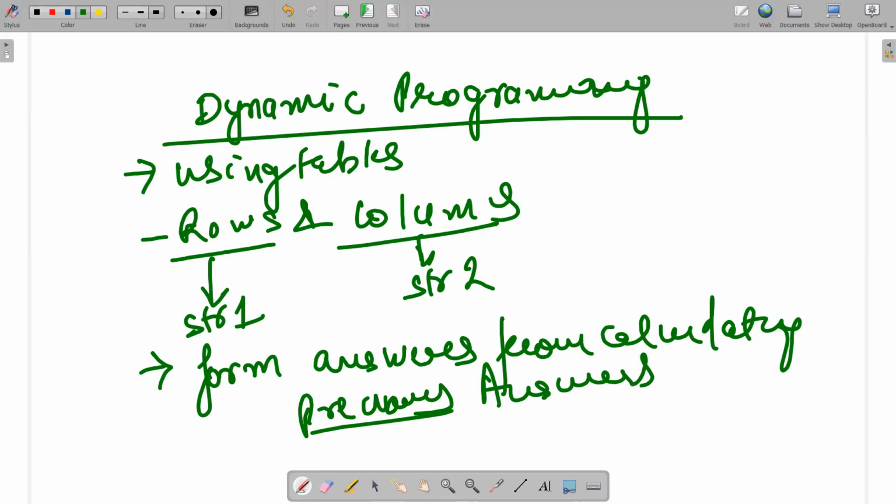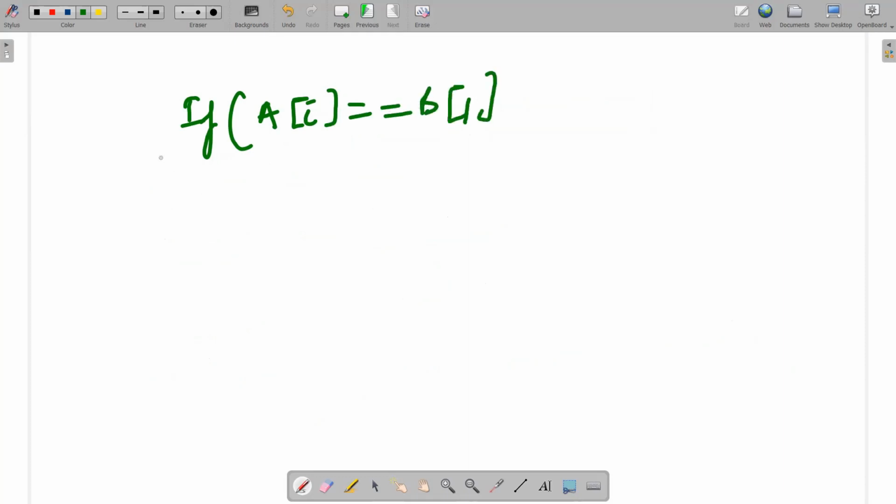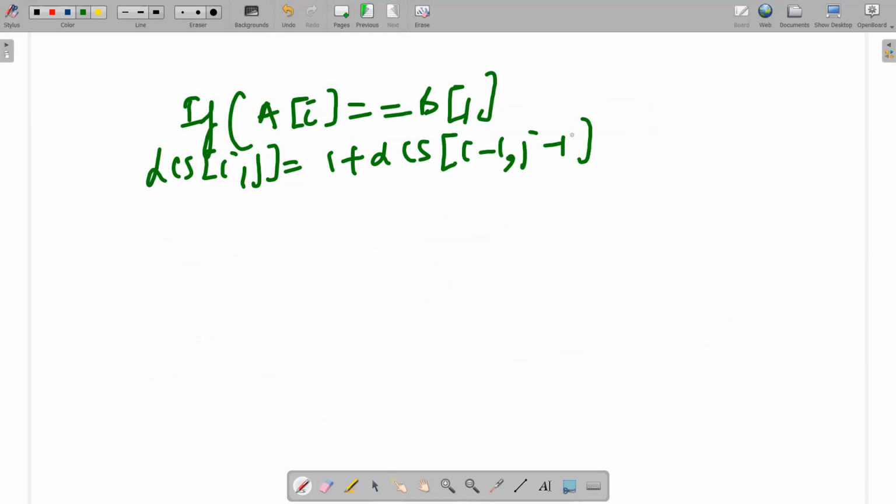We'll take a very simple example, and I'm just writing the algorithm of LCS. The algorithm of LCS is that if A of I, which is string number one, is equal to B of J, then LCS(I, J) is 1 plus LCS(I-1, J-1). It means the answer of the next one would be one added to the left diagonal element.